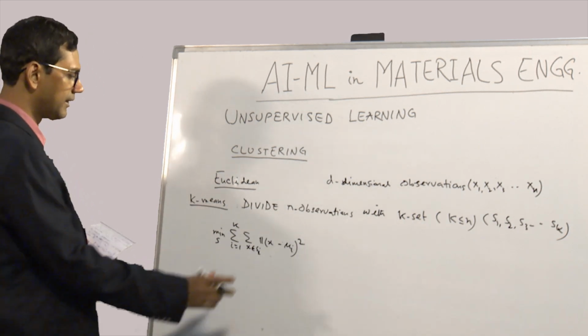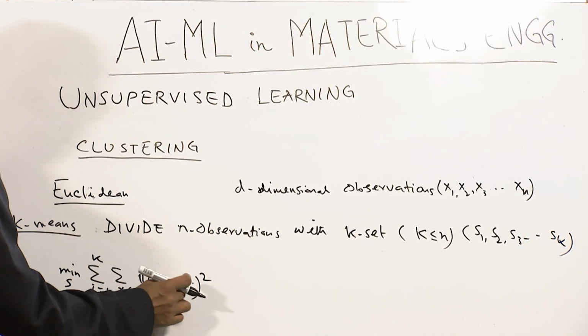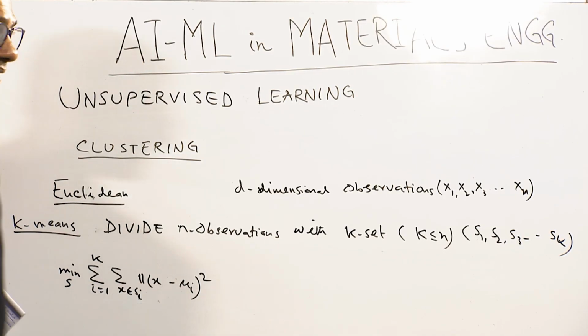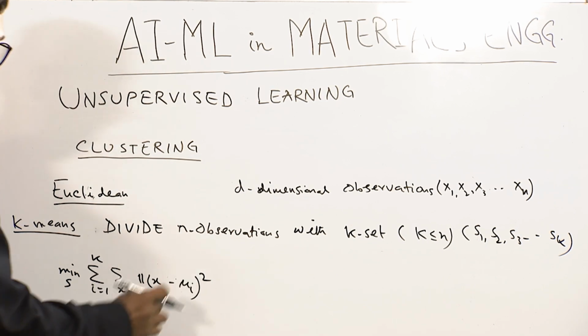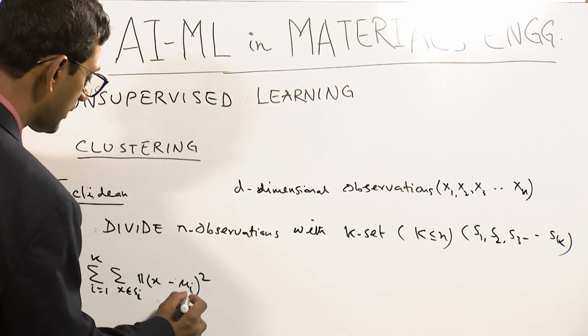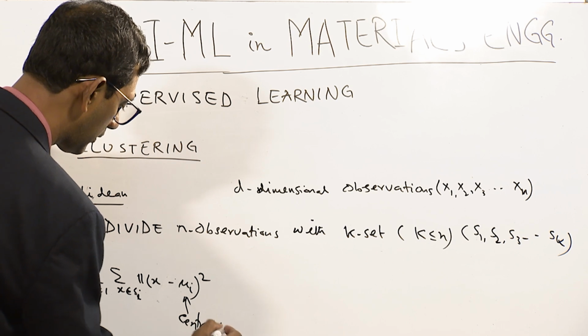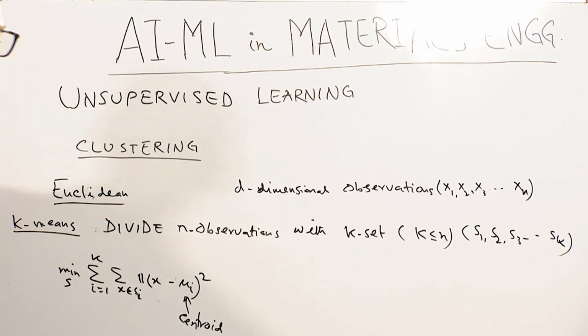This is the difference between the distance of one point from the mean. Mean is nothing but the k-means centroid. The mean is nothing but the centroid. This is your centroid. So, that should be equal to, very simple.